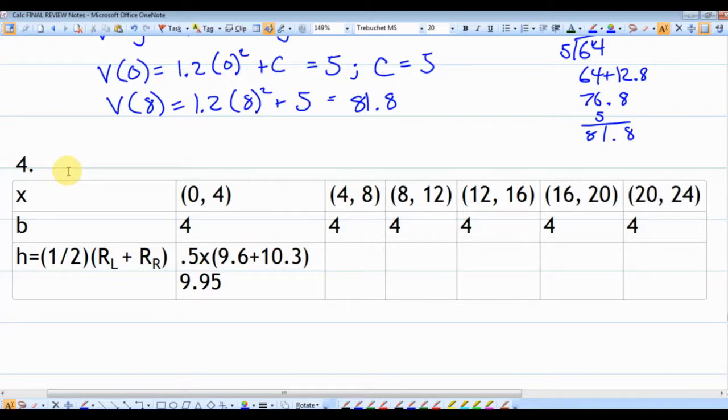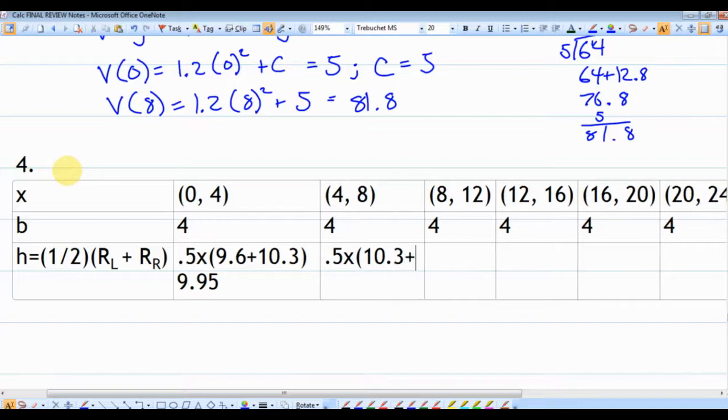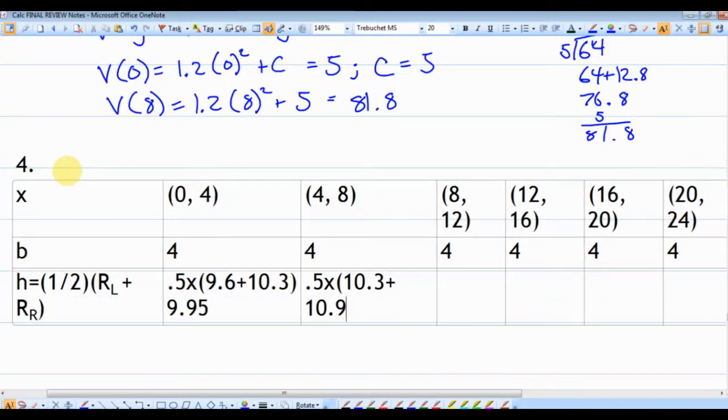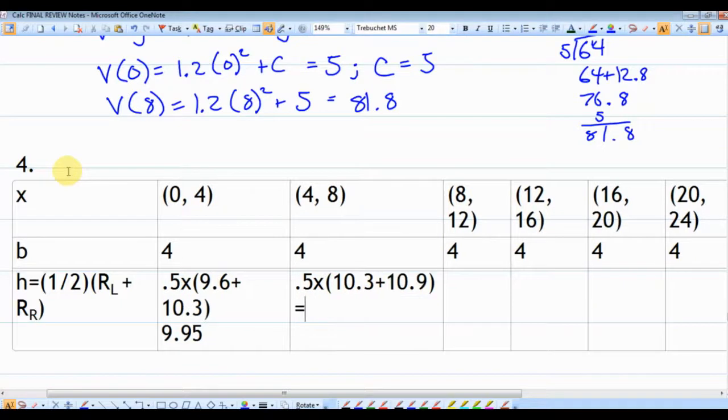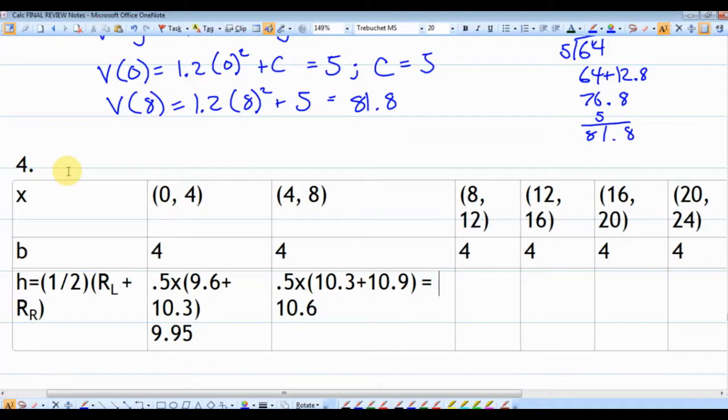Okay, good. The next one is the average of 10.3 and 10.9. 10.6. Okay, cool.